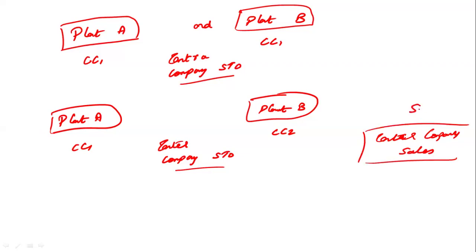This is completely handled by salespeople. We don't have any scope there. When you're going to transfer the material from one plant to other plant, if plant A and plant B are in single company code, that is called as intra-company STO. If you're going to transfer the material from one plant to other plant, where the plants are in different company code, then we have this intercompany STO.